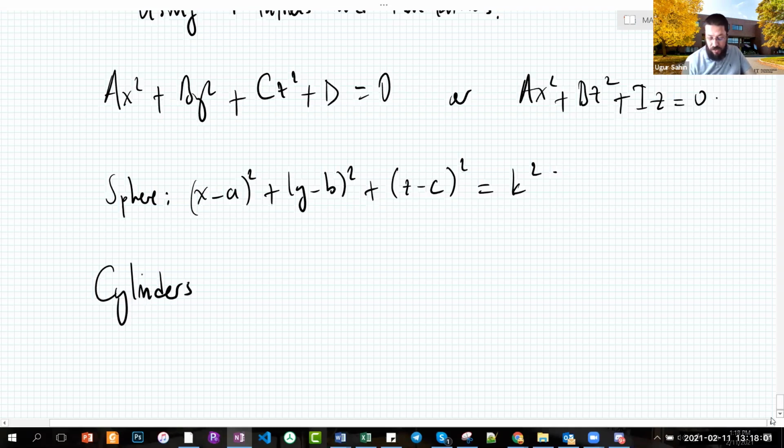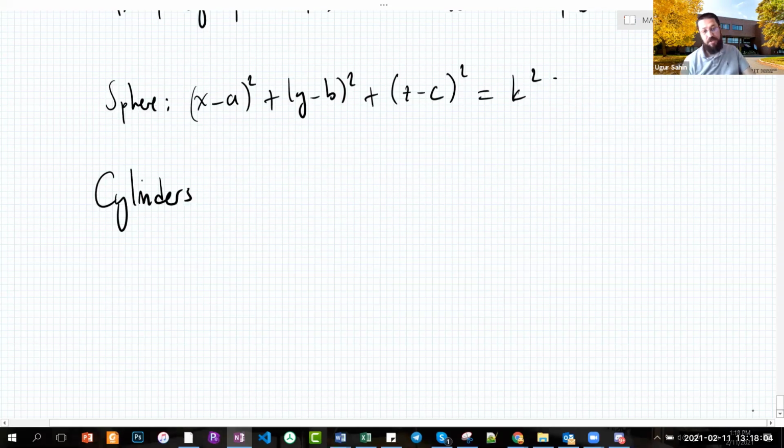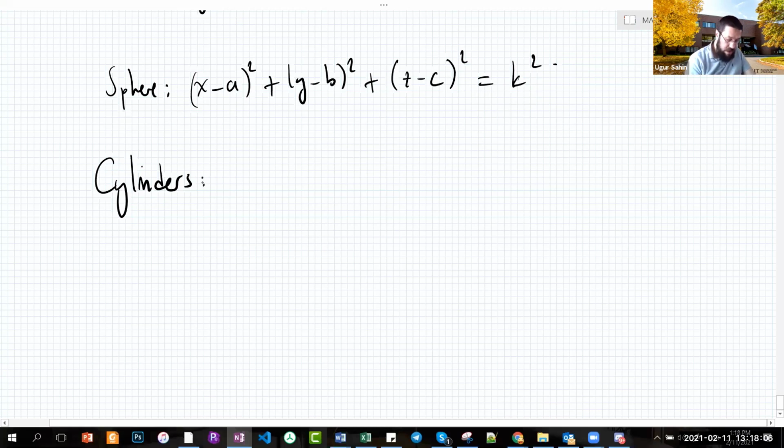The cylinders are not always circular cylinders. Sometimes there are different types of cylinders, guys. There's a definition in your book that I want to give you.